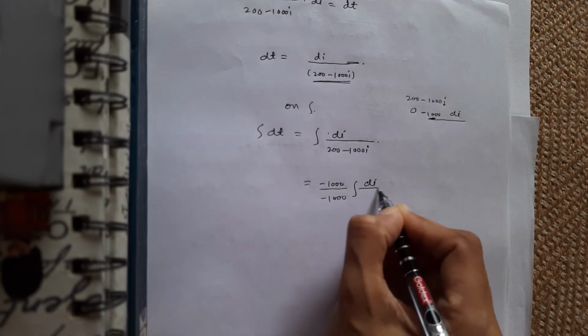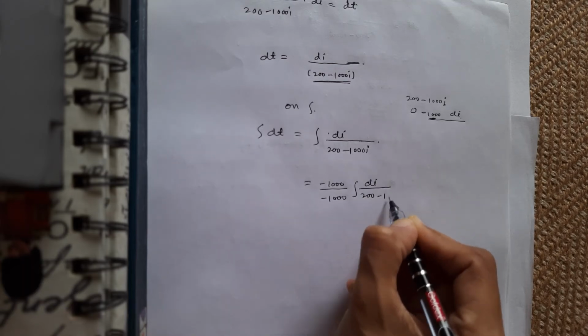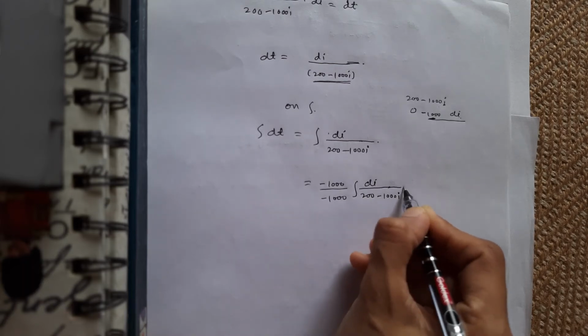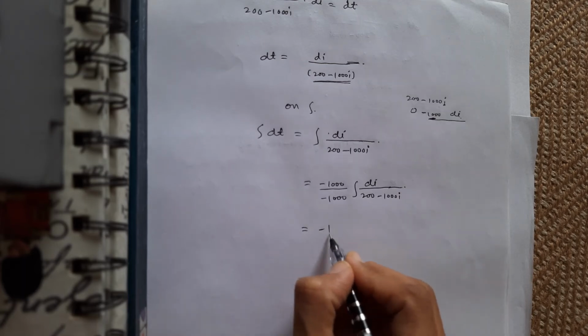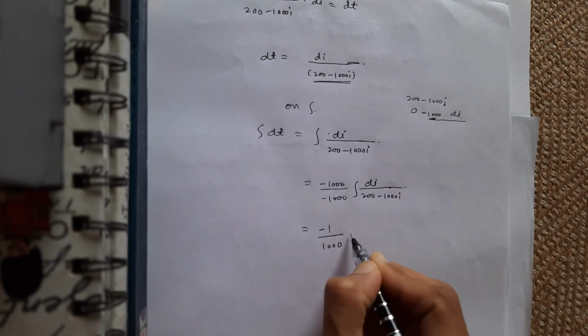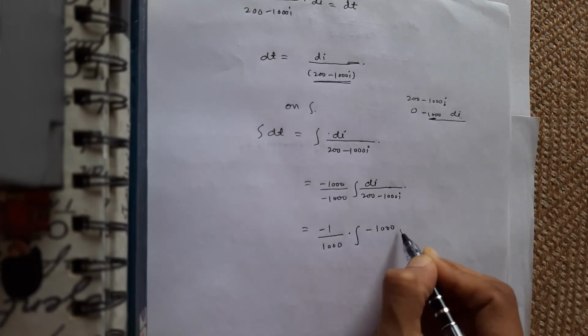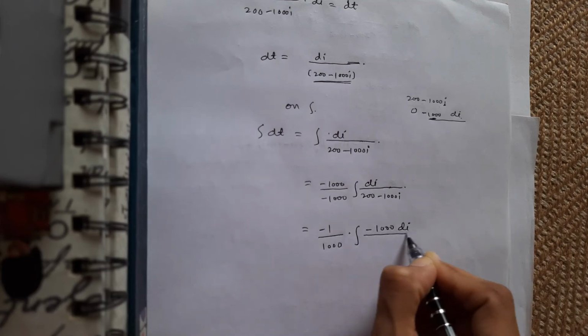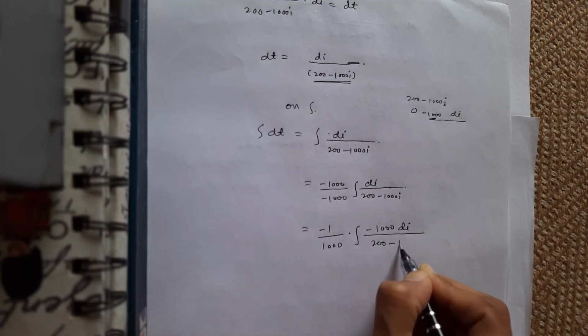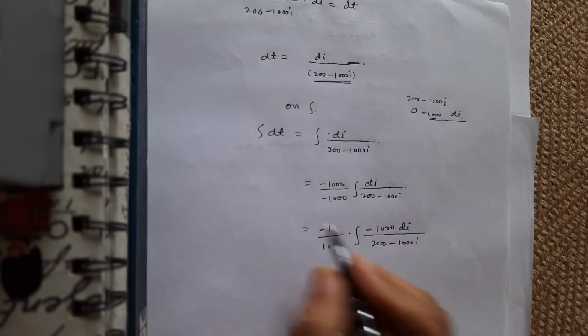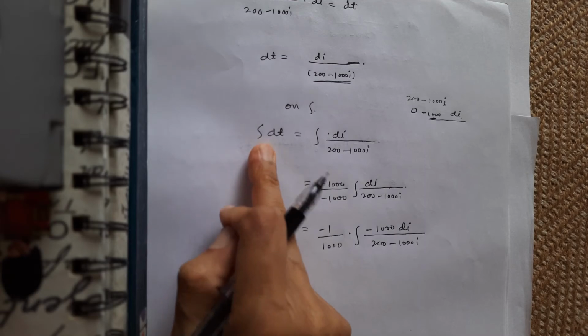Integration di upon 200 minus 1000 I, or minus 1 upon 1000 into integration minus 1000 di upon 200 minus 1000 I. Here I have t, integration of dt is t.